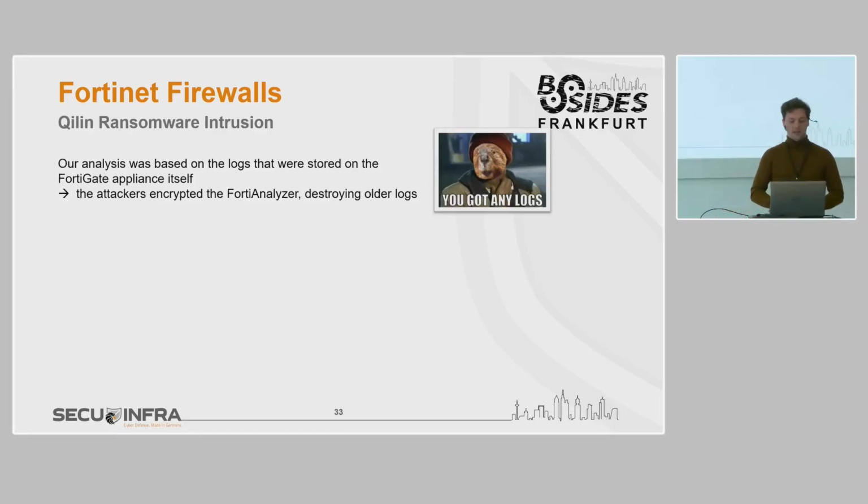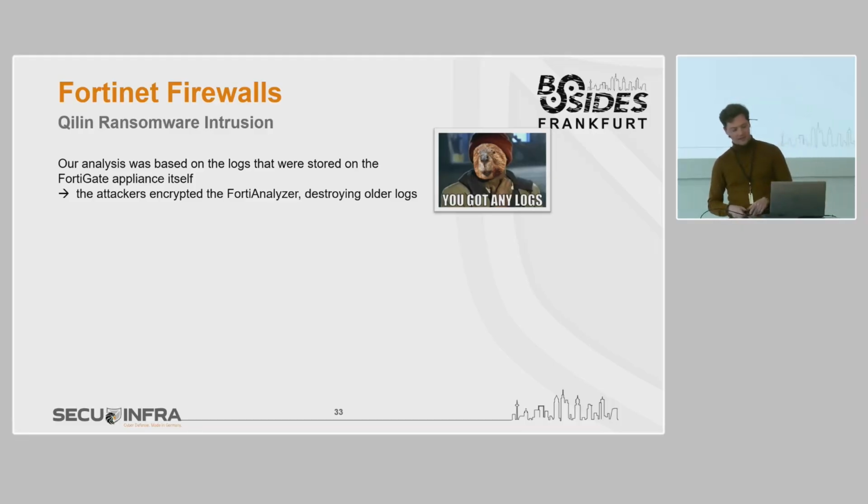Now, we had an issue here because, as you can imagine, to verify if you're being exploited by this vulnerability, you need some kind of logs. Those logs exist. They are in the FortiGate itself. Fortinet also sells you something called FortiAnalyzer. It's basically a data lake where you can push all your security logs from all your Fortinet devices. You get everything centralized, it's really nice.